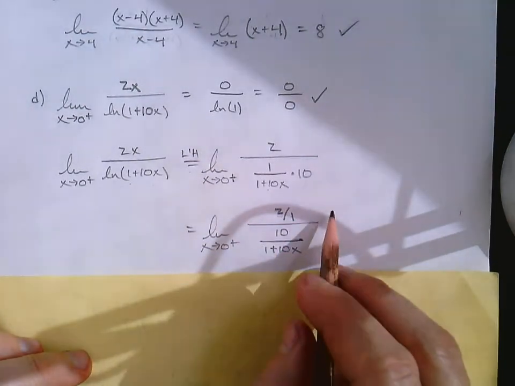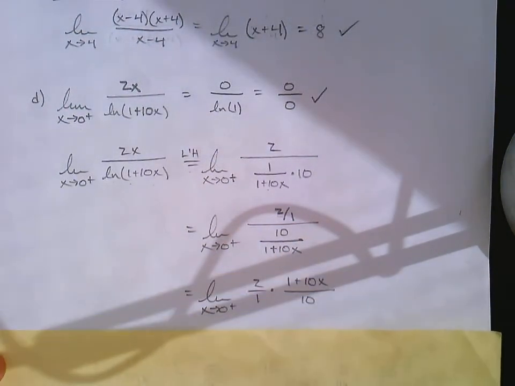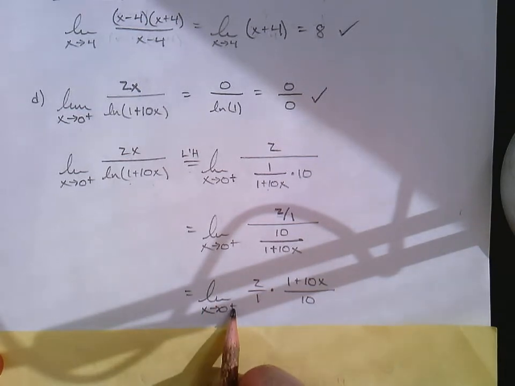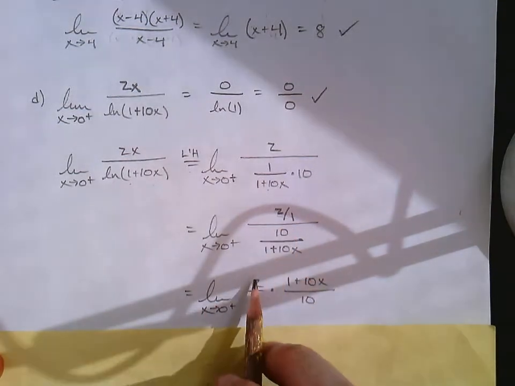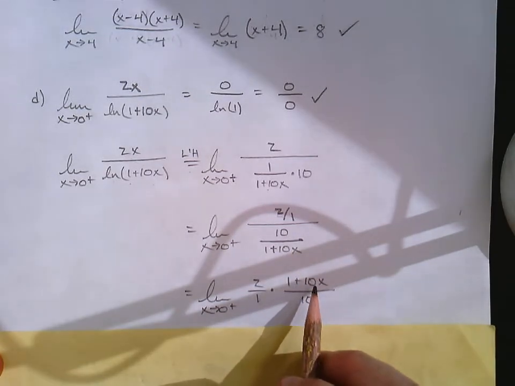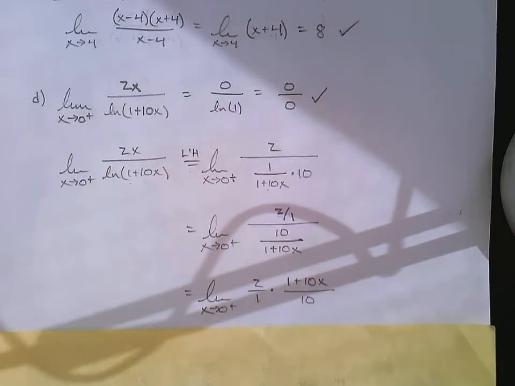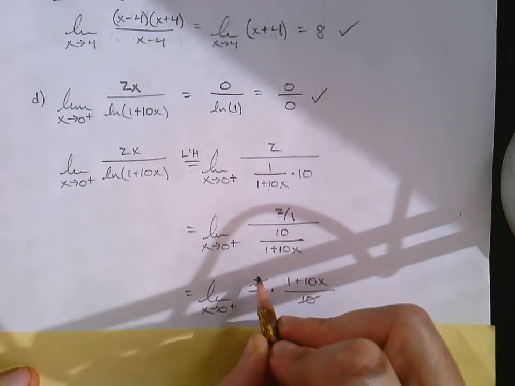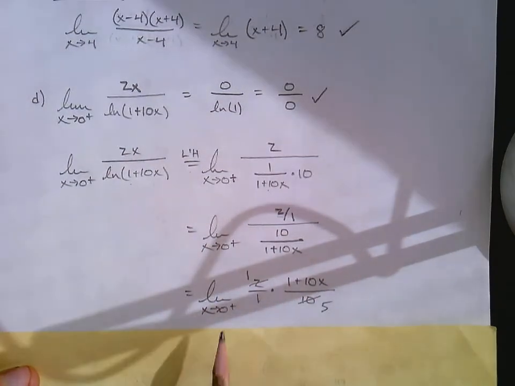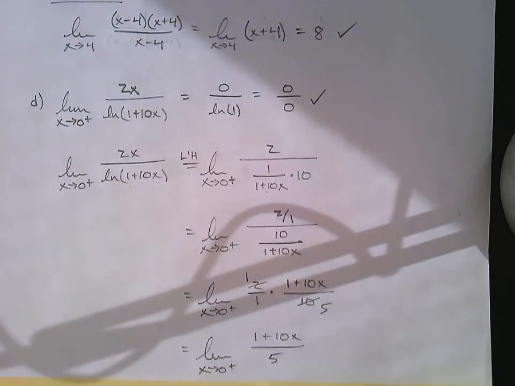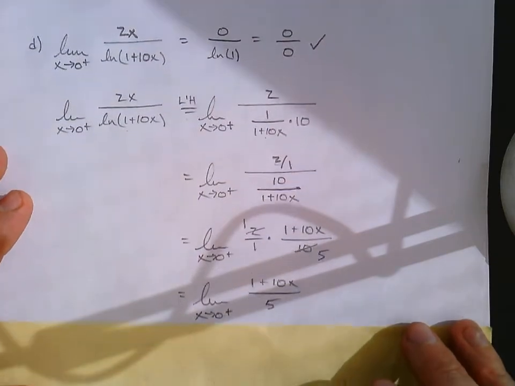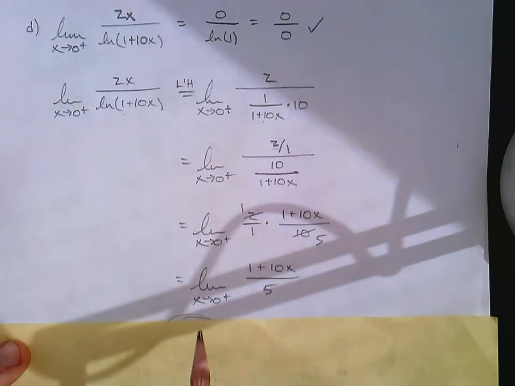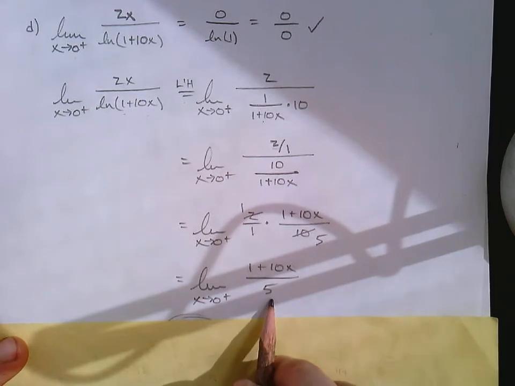Then we can flip the denominator and multiply. So we've got the limit as x approaches 0 from the right of 2 over 1 times, and now we do the flip, 1 plus 10x over 10. We notice that we can reduce the 2 and the 10 to a 1 and a 5. Limit as x approaches 0 from the right, 1 plus 10x over 5.